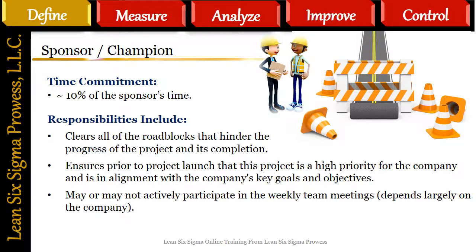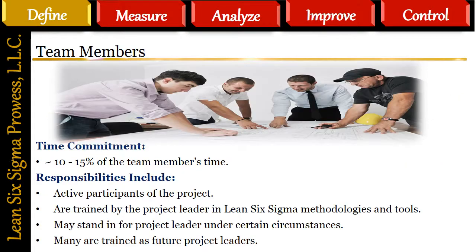May or may not actively participate in the weekly team meetings, depends largely on the company. Note, the terms sponsor and champion are often used interchangeably. Team members. Time commitment. A Lean Six Sigma project takes up about 10 to 15% of the team members' time.